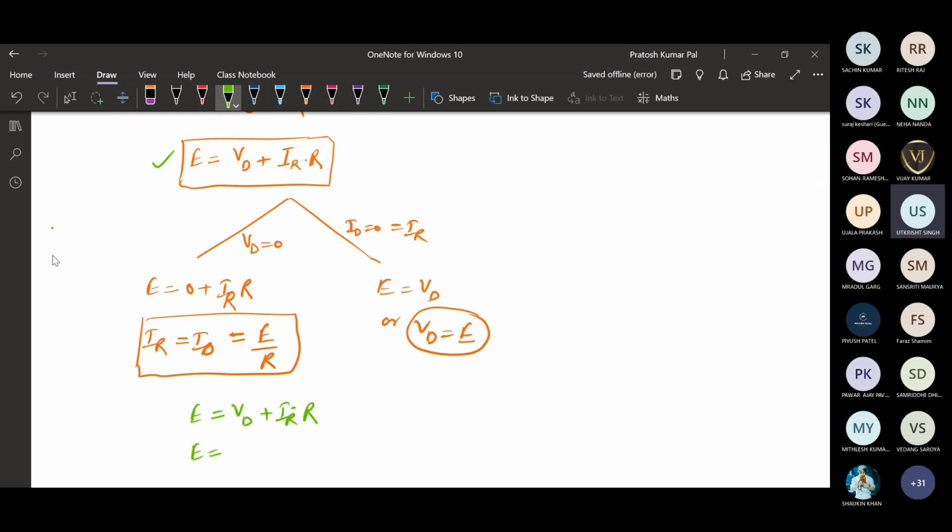So we can write VD plus IR, which is nothing but ID. We will plot it in terms of ID as the output.